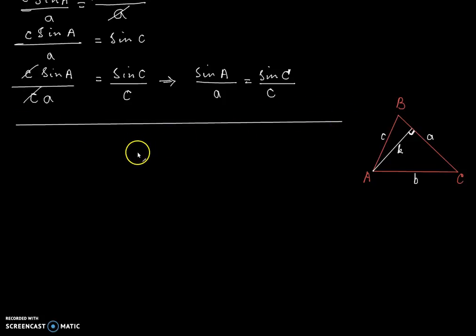In this case, you can calculate sine C and sine B and do the same thing, and you would get something again like this. So let's start with sine B. Sine B is equal to basically K divided by c.